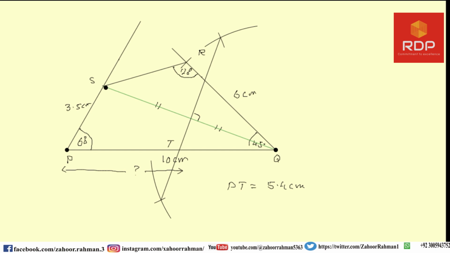Now we are going to do question number 13. In question number 13, they are saying construct a quadrilateral PQRS such that PQ is equal to 11.